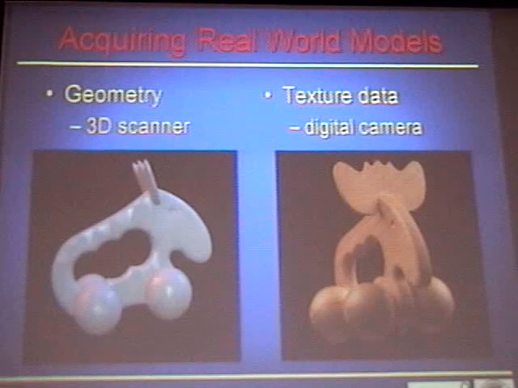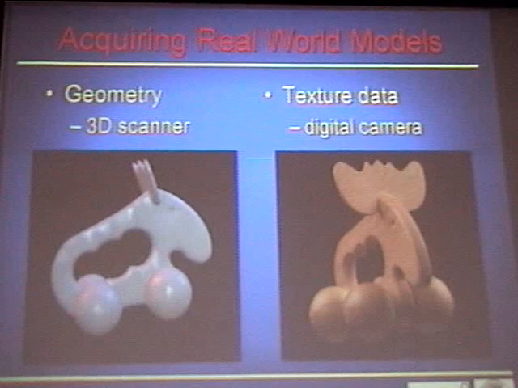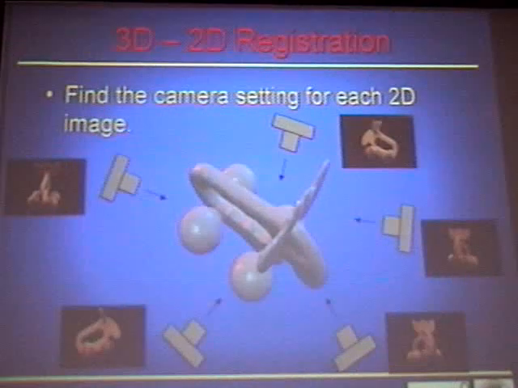So what you see here, just to make my point, is we have a geometry of a certain object, and then we have texture data typically coming in from certain photographs taken with a digital camera. And then, of course, the first step is that you have to register this information against each other.